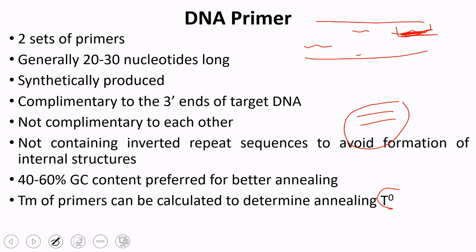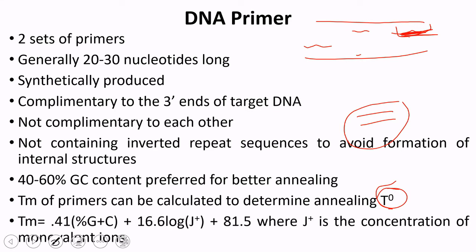Roughly, there is a 5 to 6 degree difference between the melting temperature and the annealing temperature. For melting temperature, the formula is 0.41 times percentage of GC plus 16.6 log [G+] plus 81.5, where [G+] is the concentration of monovalent ions, if you are going to use it.